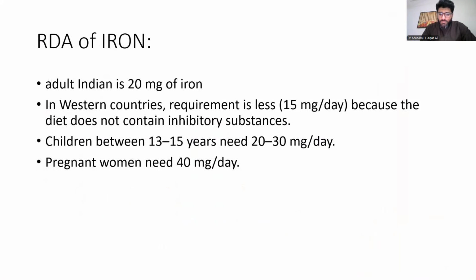This is higher because the typical Indian or South Asian diet contains inhibitory substances such as phytates that reduce absorption, while in Western countries the requirement is lower at 15 milligrams per day because the diet contains fewer inhibitory substances. Children between 13 to 15 years need 20 to 30 milligrams per day.